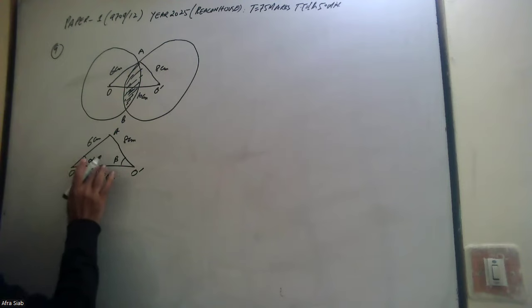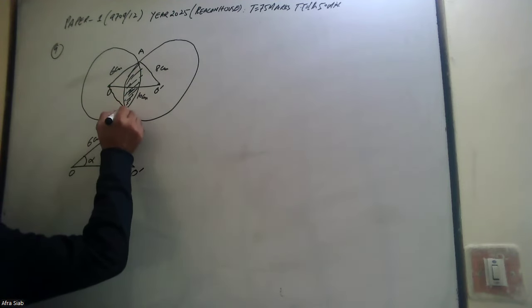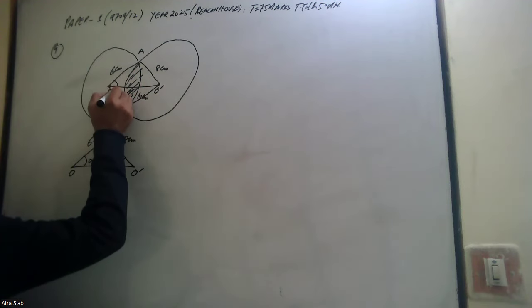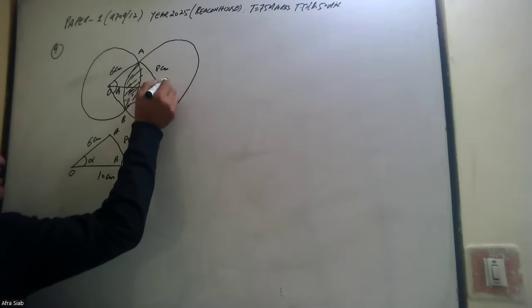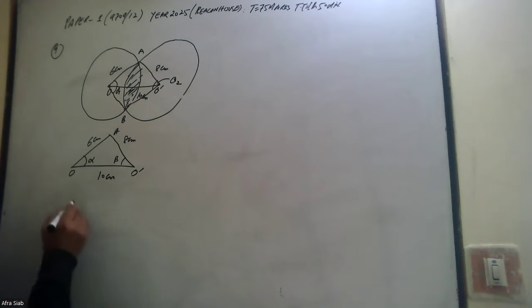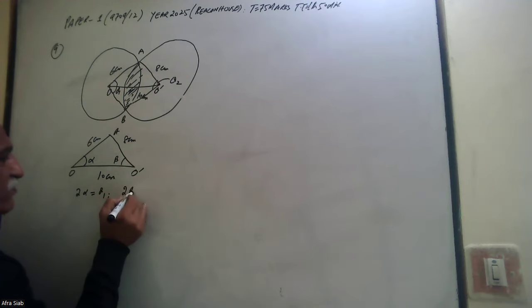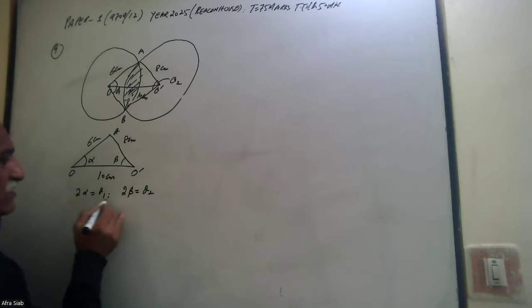And we have to calculate first the alpha and beta angles, and then we can make this triangle as this, and we can make this triangle as this. So this whole angle is theta 1 and this whole angle is theta 2. We know that twice alpha is equal to theta 1 and twice the beta angle is theta 2. But first we have to calculate this alpha and beta angle in this triangle.